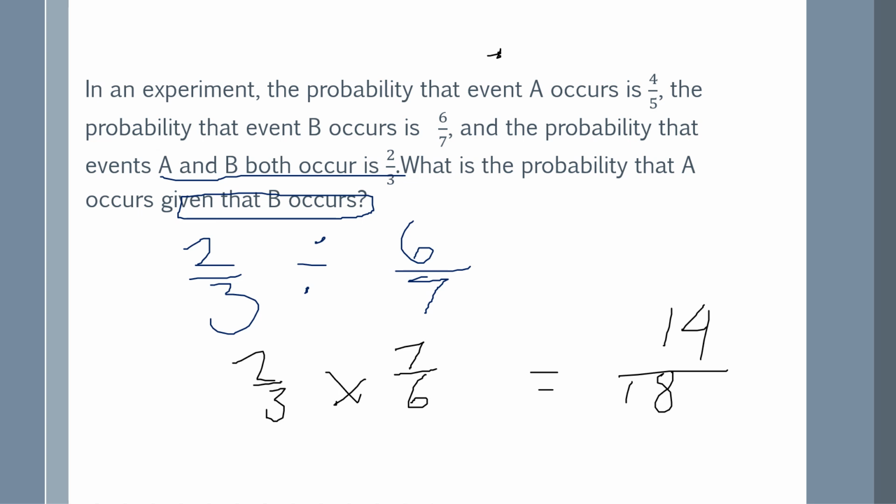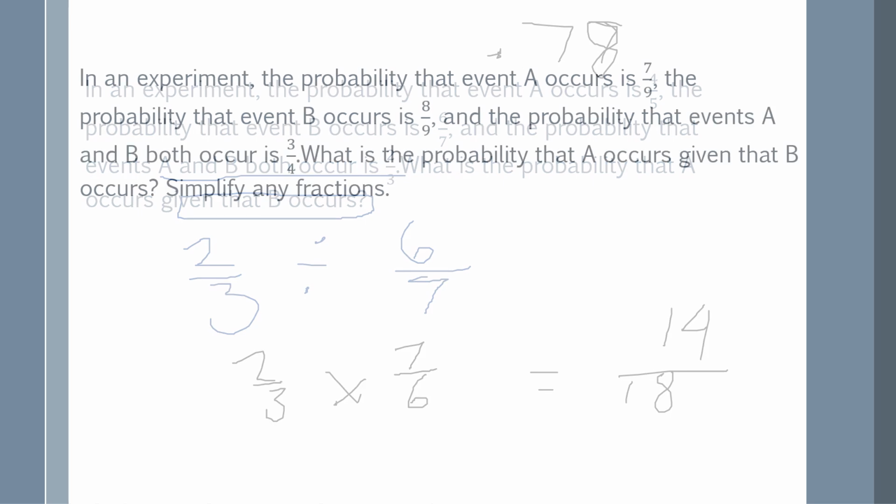So 14 divided by 18. That's 77%. That's all you have to do. Or you can round it up to 78%, just like that.